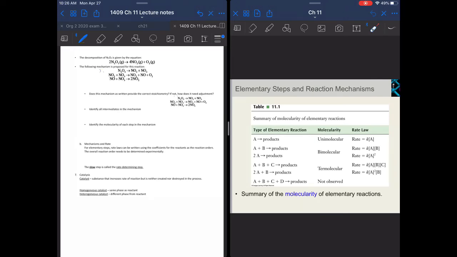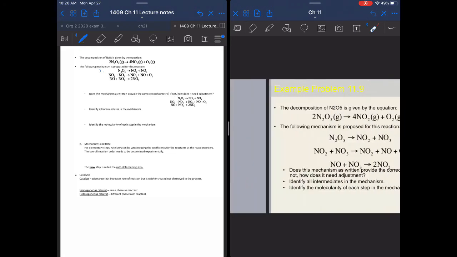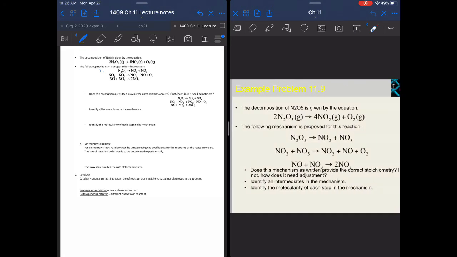One with the N2O5 breaking down into NO2 and NO3. Then the NO2 and NO3 reacting with each other to form NO2, NO, and O2. And then the NO and NO3 reacting to form 2 more molecules of NO2.